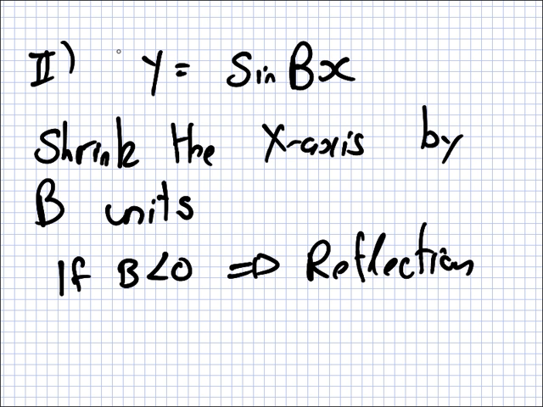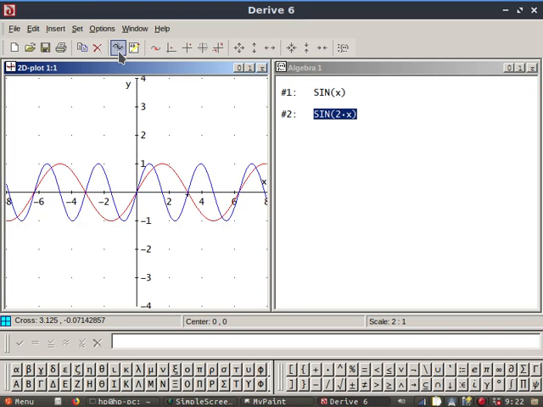Okay. Next one. Oh yeah, you want to see it reflected. Okie dokie. So it shrinks and reflects, only if it's negative. She was asking me to show an example of when you have a negative.